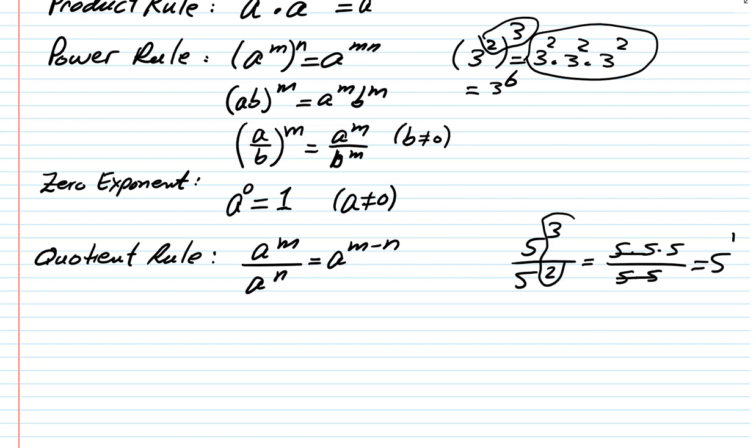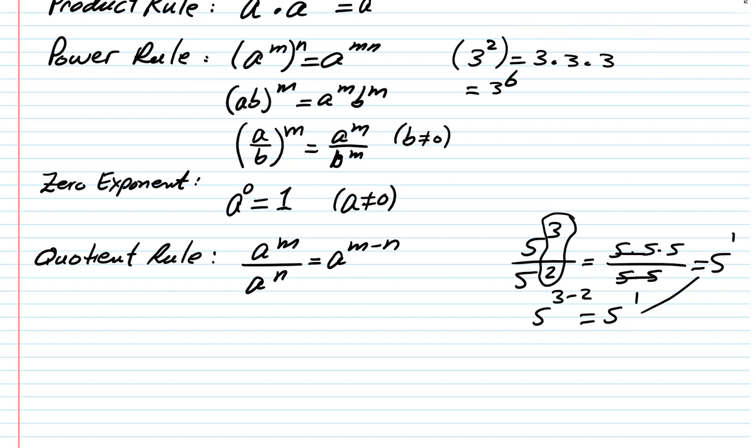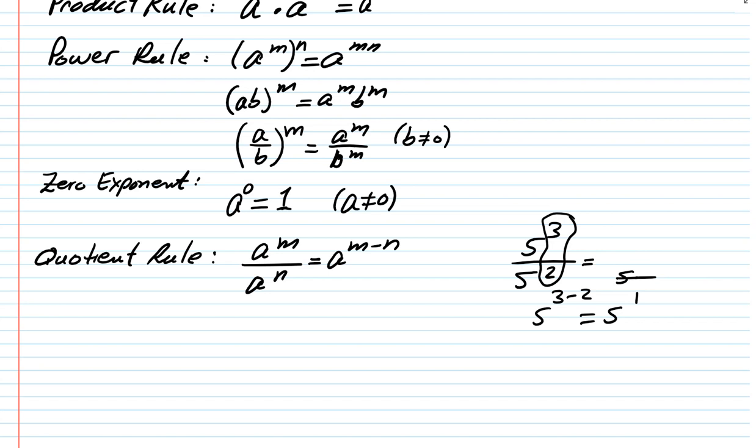The quotient rule says you don't need to expand. You can simply subtract 2 from 3 and you get the same outcome. You see that? The properties are there to help us simplify things, to simplify our lives in working these expressions. So that's the quotient rule that we just talked about.